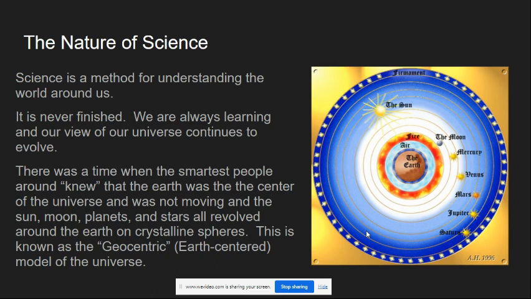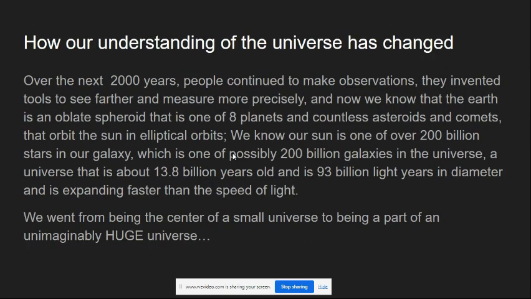It makes sense, all right? If you're standing on the Earth and you see the moon rise and set and the sun rise and set and the stars move around the Earth, it appears that the Earth is stationary and everything's moving around it. We now know that's not true, but it was science that figured that out.